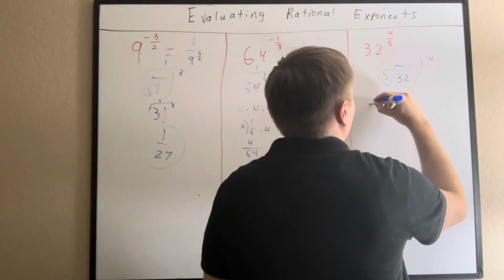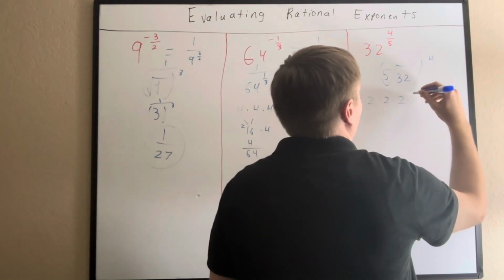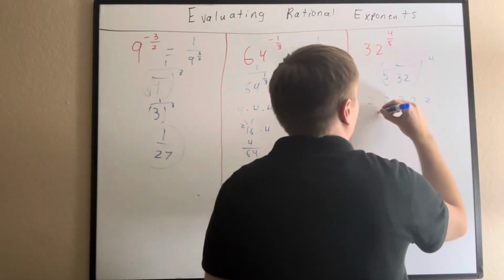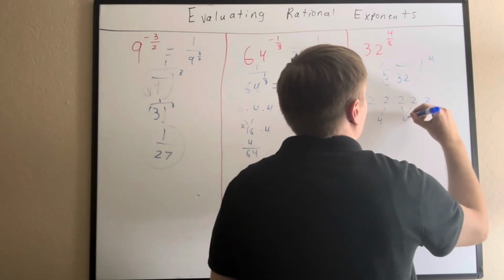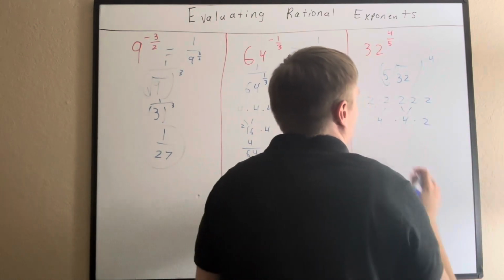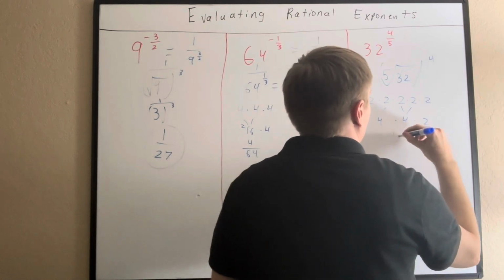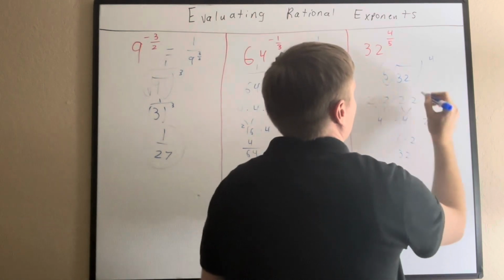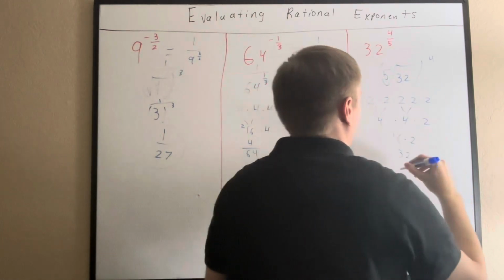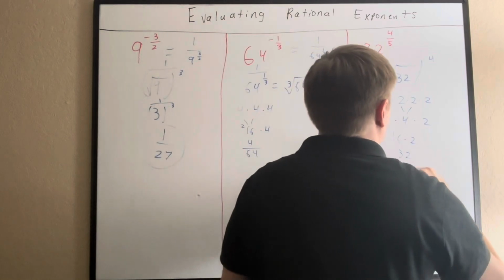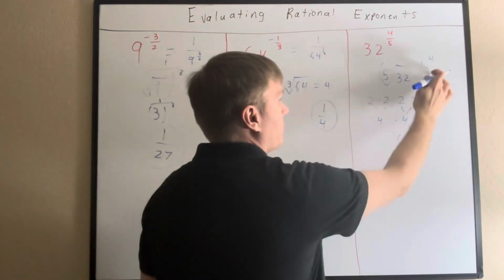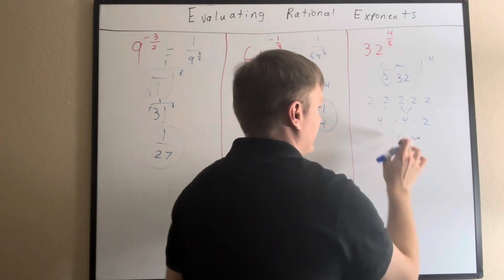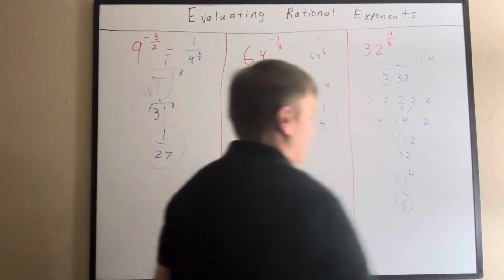Well, let's start with the smallest possible number. 1, 2, 3, 4, 5. Okay, so 5 2s give you 16 times 2. That is 32, isn't it? So yeah, 2 is the fifth root of 32. Okay, so 2 is our answer. But we still need to raise it to the power of 4, right? 4/5. So 2 to the 4th would be 16. We just did it. There you go.